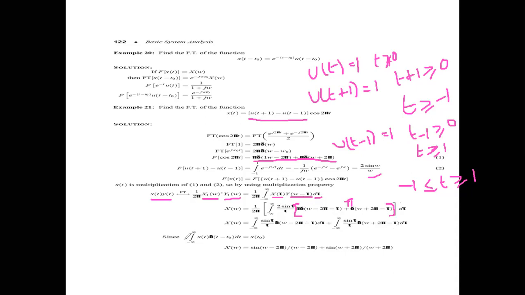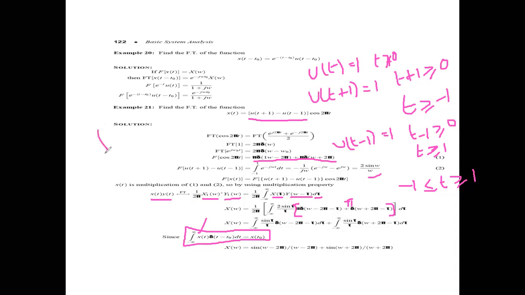integrations. We know one of the properties: the integral from minus infinity to infinity of x of t delta of t minus t naught dt is equal to x of t naught. I already explained it in the properties. Any signal x of t multiplied with delta of a shifted function, or delta of t.